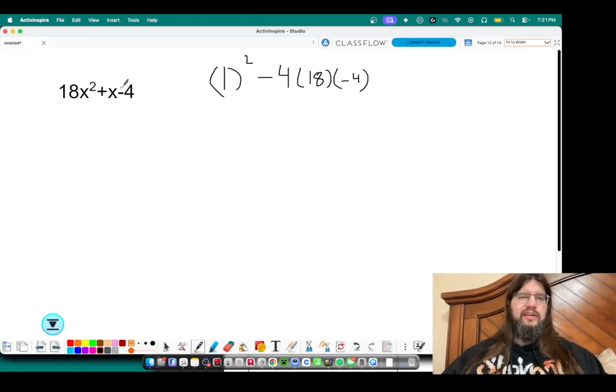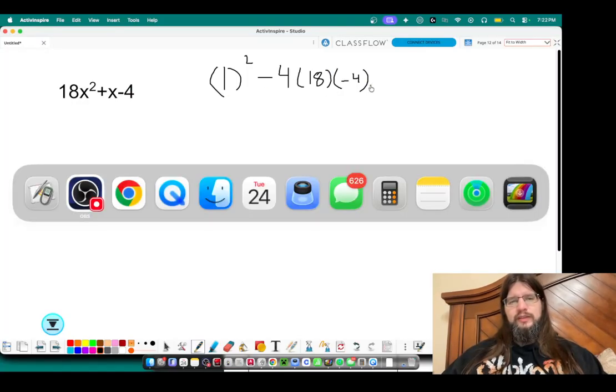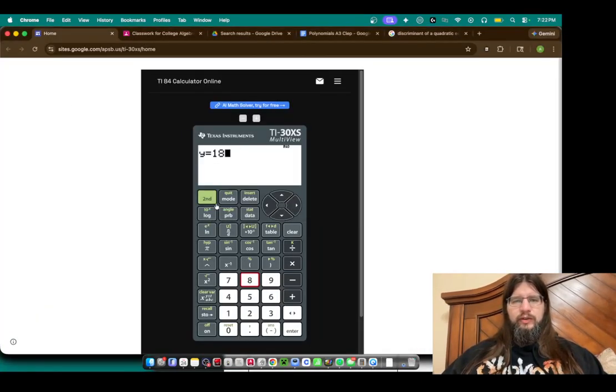And before I even wrote it down, I knew that was a positive, and that was a positive. There's no way that would be a positive discriminant. So I was like, okay, I messed up somewhere, and that's how I knew to go back and look. So this should be a perfect square unless I made some arithmetic errors.